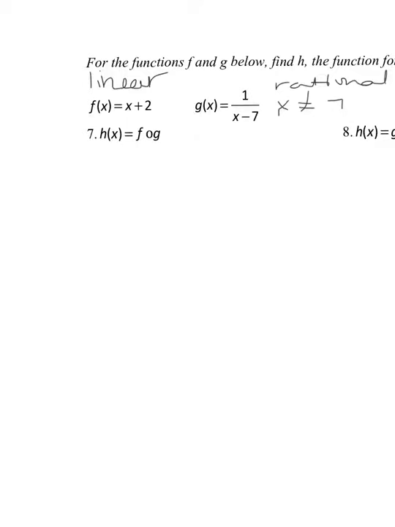So for the first one, h of x is equal to f of g. So g goes inside f. Here, my outside is f, so it's something plus 2. And my inside, which is the thing that we put into those parentheses, is 1 over x minus 7.